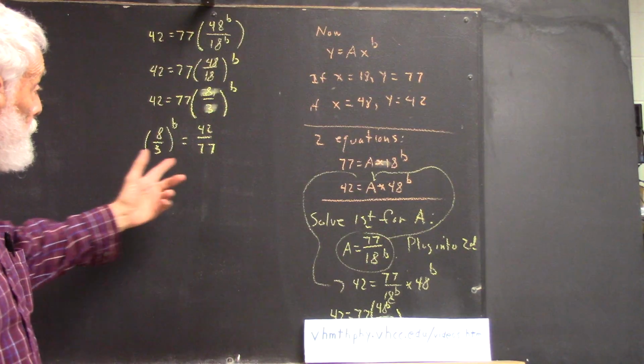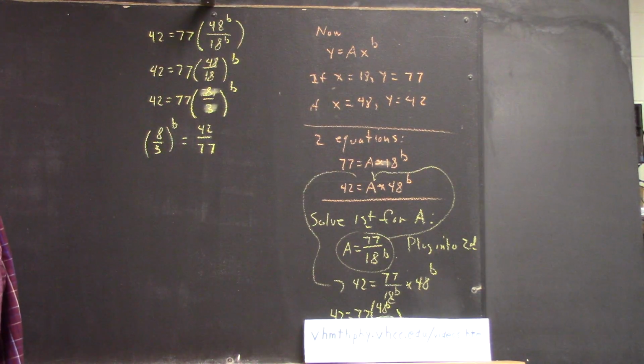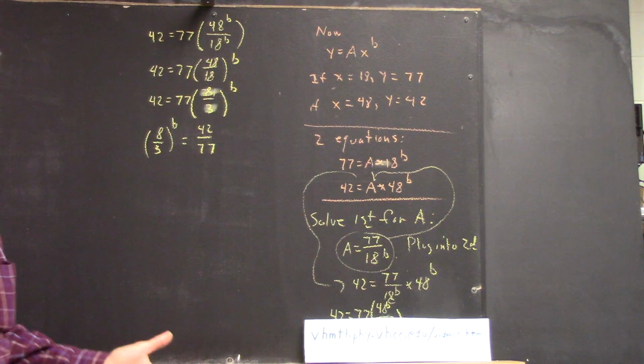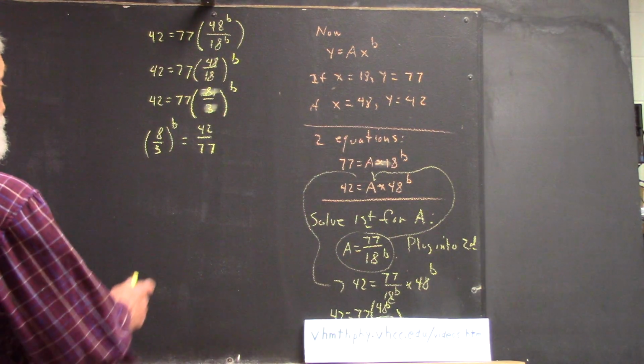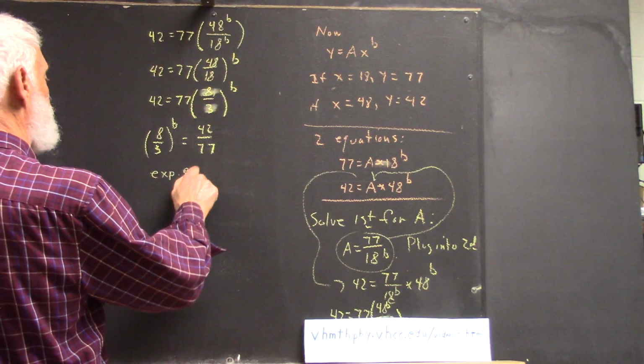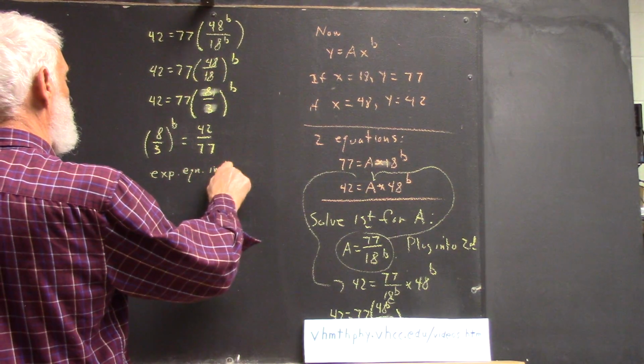What kind of an equation is this? What are we trying to solve for? An exponential. Yeah, it's exponential because we're trying to solve for b, and b is an exponent. So we convert to logarithmic form. This is an exponential equation in b.